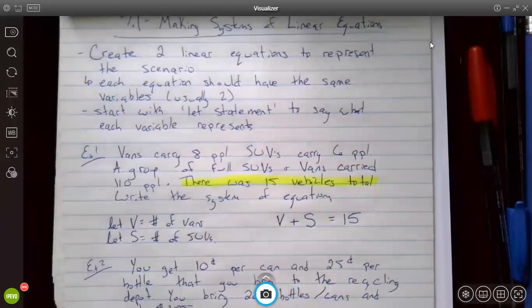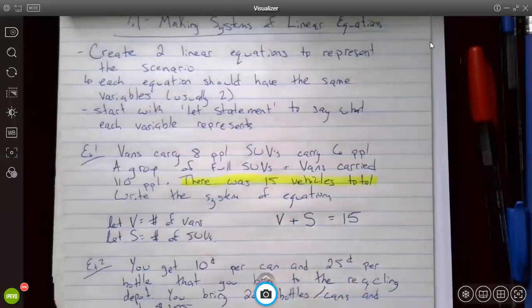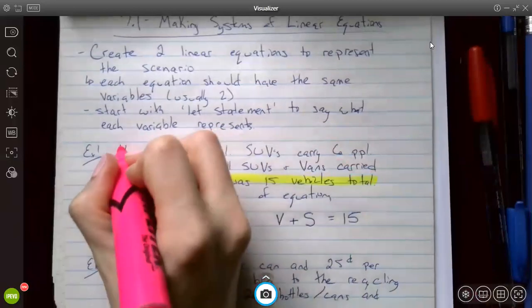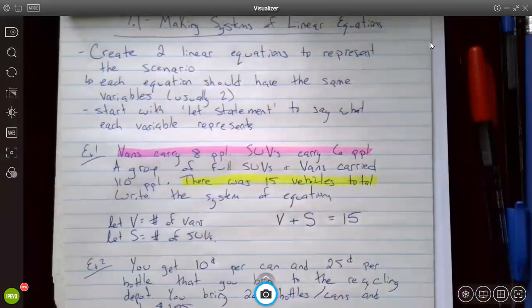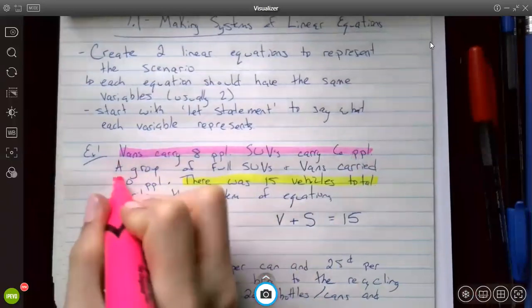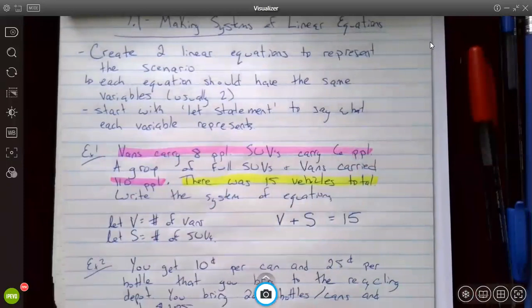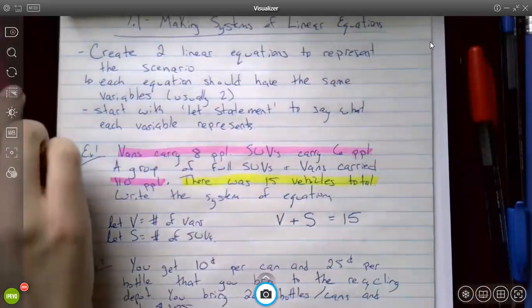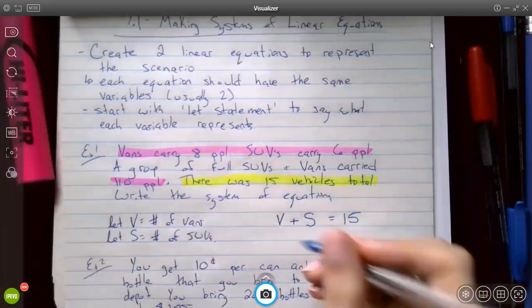The second equation that I'm going to write is a little bit more complicated. It has to include both how many people are carried per type of vehicle, as well as the total number of people that went wherever this convoy was going.